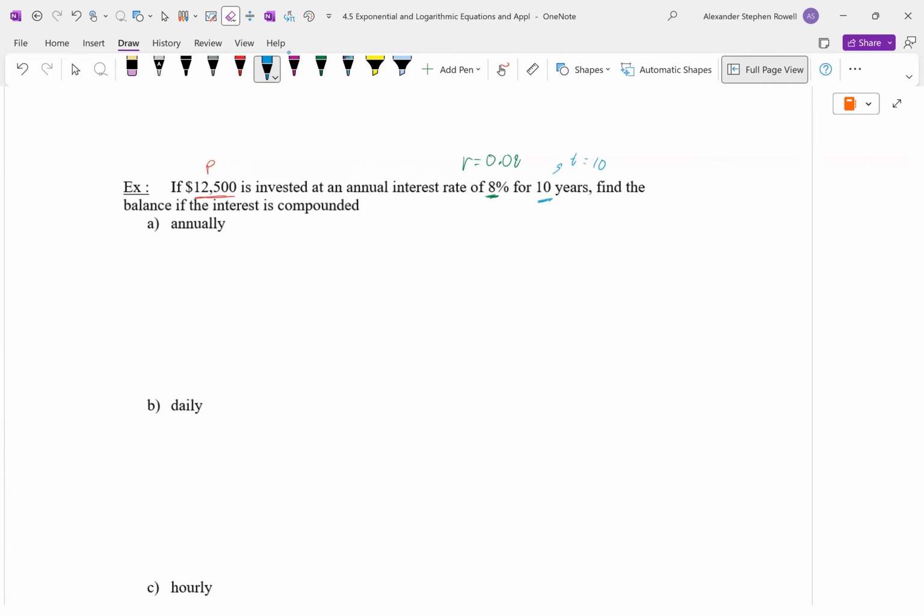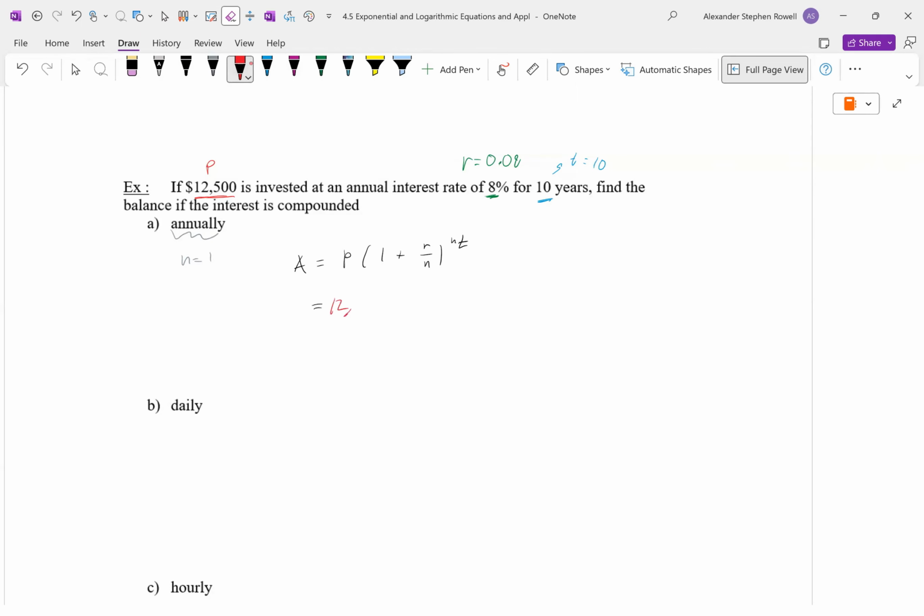T is equal to 10 years. In the first case, if my money is compounded annually, N is equal to 1, it's compounded once a year. My formula, A is equal to P times 1 plus R over N to the power of NT.